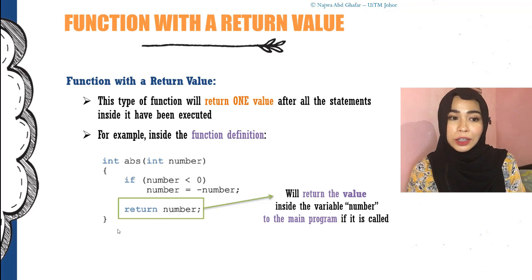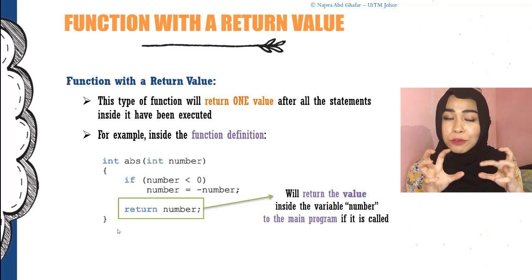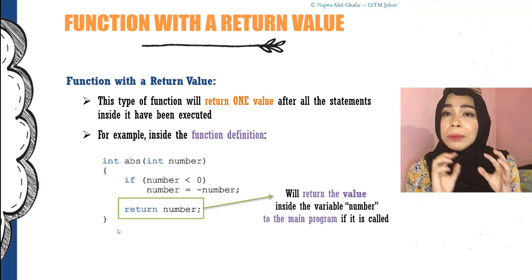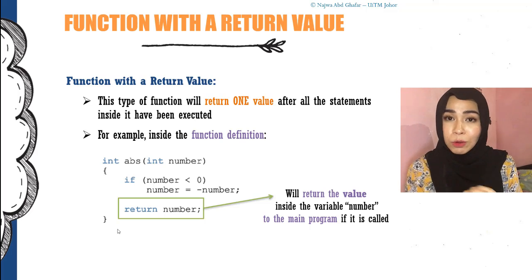Okay, the first one is function with a return value. This is the type of function that will actually return one value after all the statements inside it have been executed. Meaning that whenever we use this type of function, at the end, we must include a return value. This is why we call it function with a return value.